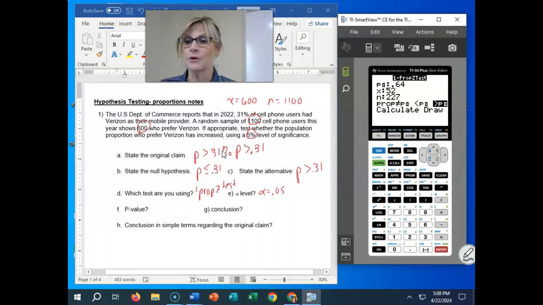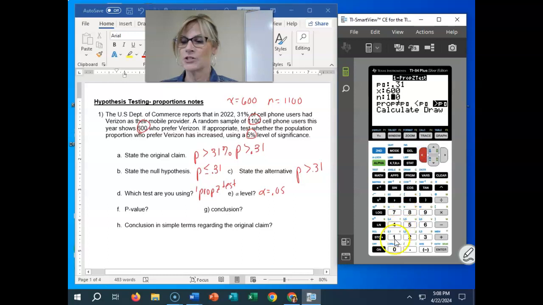They may have said, well, next year we think it's going to be 50%. Well, whoop-de-doo. We're testing against what the claim is. The claim is 31%. X is 600. N is 1,100.